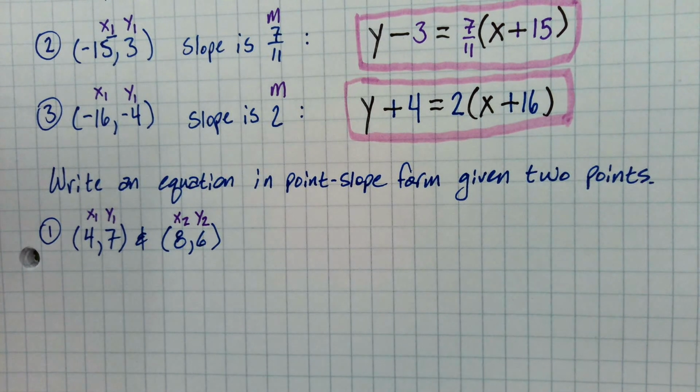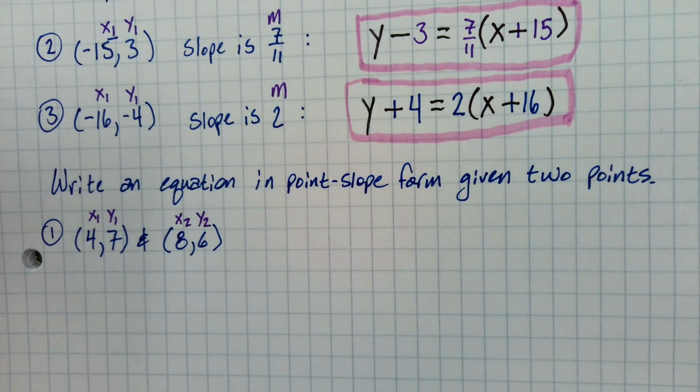All right. So I want you to think now. Help me out. We have 2 points. We would like to have what we had before, a point and a slope. But we don't have that. We got 2 points. What is it that we need?